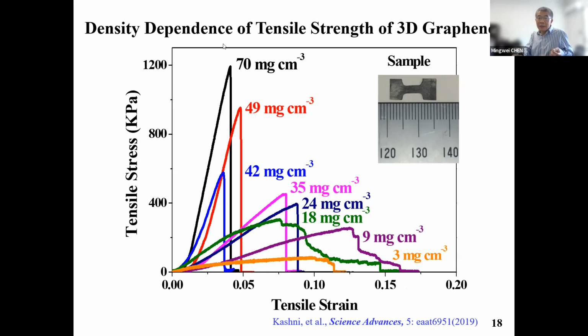For the high-density material, it basically pulls to high strength and simply fails without any indication of plastic deformation. But for the low-density sample, somehow you're going to see those plastic deformation-like features.